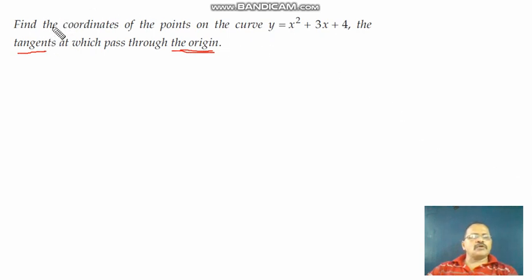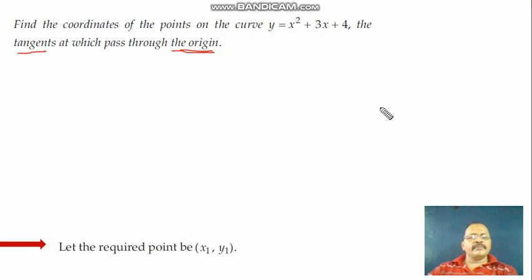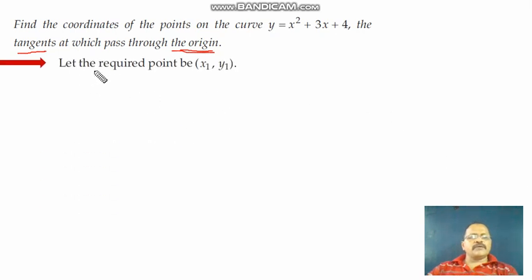Assume, since we want coordinates of the point, assume that point to be x1 y1, then find dy by dx at x1 y1, then use this knowledge, the tangent passes through the origin, and then you will get the value of x1 y1 etc. Let us solve this problem. Let the required point be x1 y1.